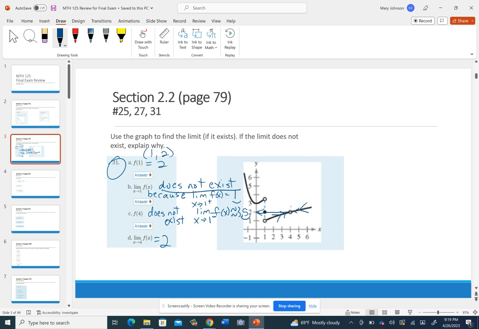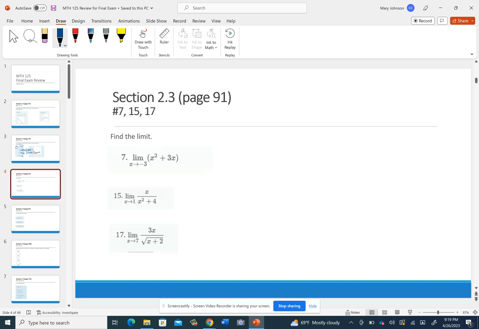Okay. All right, now the next objective is just asking you to get the limit of the function, no graph given to you. Okay, so this one you could do 7, 15, or 17. Why don't we go ahead and look at question, say, 15. Okay, so when you're evaluating limits, you really ought to try to do just direct substitution.